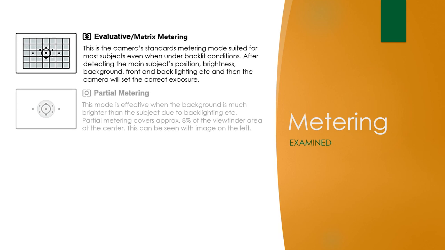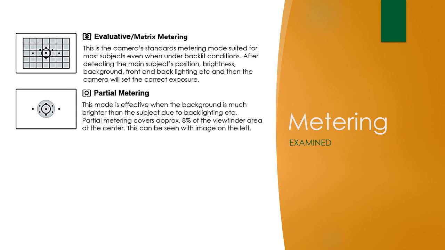Right, so next we have the partial metering. Now, the partial metering is really good when the background is much brighter than the subject because you have a lot of backlighting behind your subject. So if the subject is in front of the sun, for example, or artificial lighting, this is the metering mode you should choose.